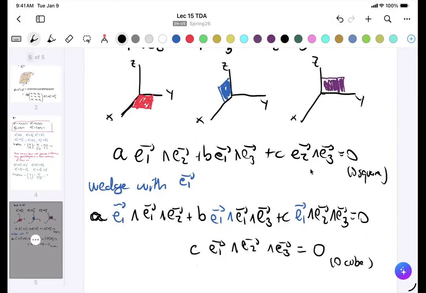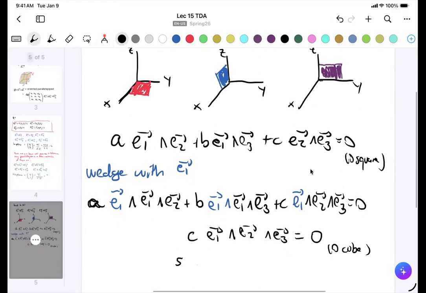But again, the only way for the unit cube times a number to give you the zero cube is if that number was zero. And so that's how you find that C equals zero. Then instead of wedging with E1, you wedge with E2 and then with E3, and that's how you get that the other two coefficients have to be zero.